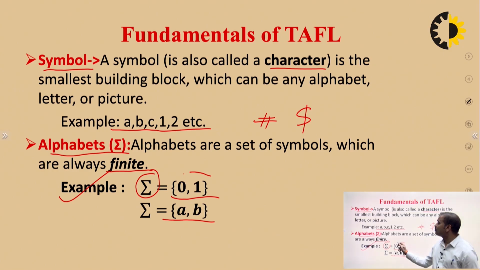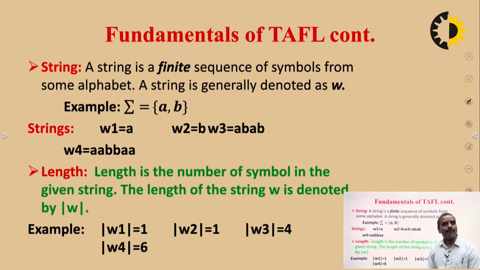The number of inputs can also change. Here we have taken 2 inputs, 0 and 1. We can take 3 inputs, 0, 1, 2, or 4 inputs, 0, 1, 2, 3, and so on. These are the main points through which we introduce automata in the concepts of computation.